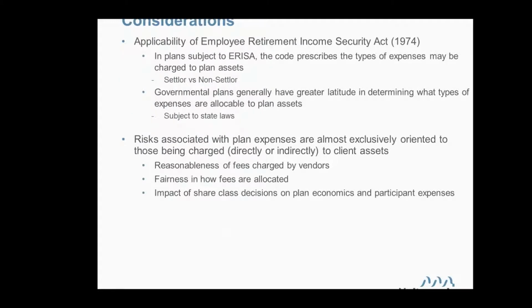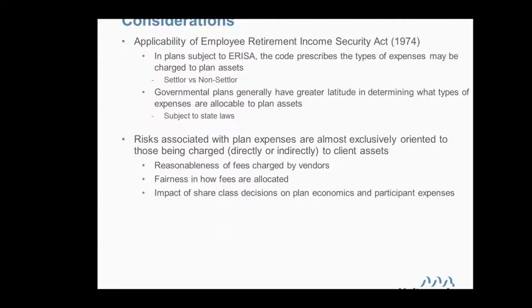Some considerations for you as we move forward in this presentation. So first, the applicability of ERISA, the Employee Retirement Income Security Act of 1974. In plans that are subject to ERISA, the code prescribes the types of expenses that may be charged to the plan assets. There's settlor versus non-settlor. Settlor is a fancy word for business decisions.